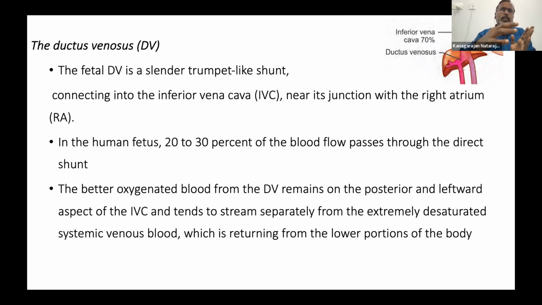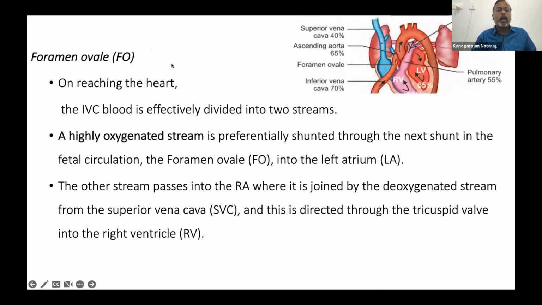If you understand this, it's much easier, because you have the same IVC with two columns of blood. One is the posterior part, which is highly saturated, and the anterior part, which is relatively desaturated.